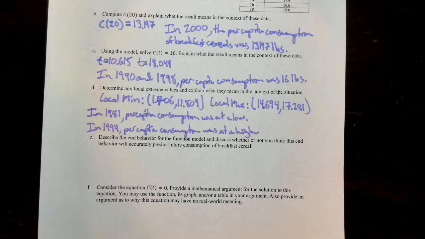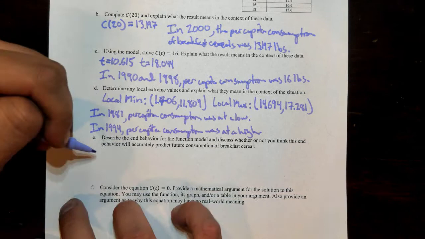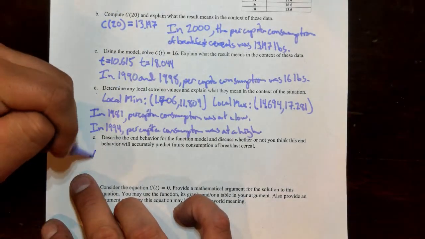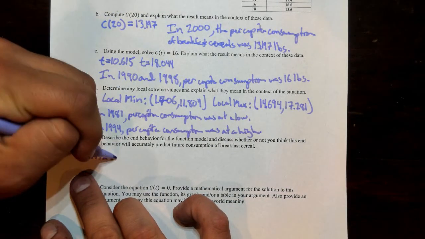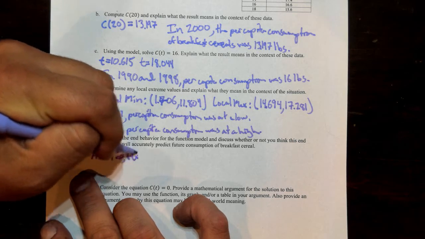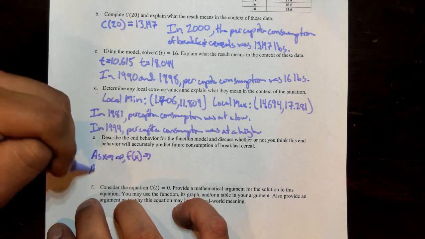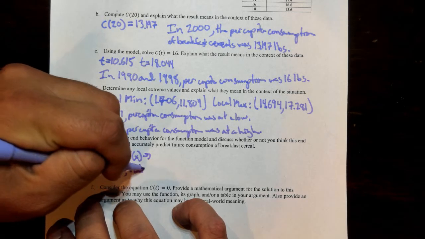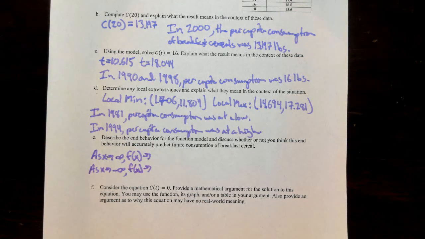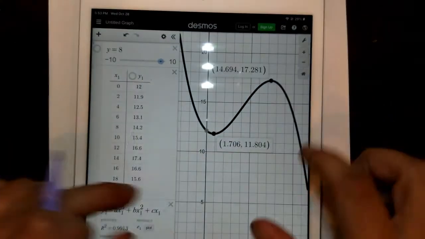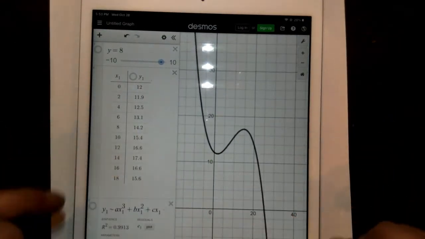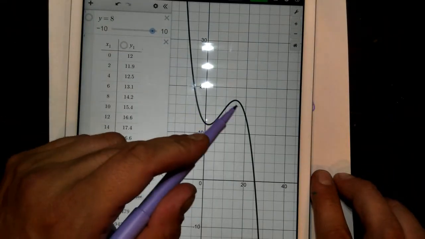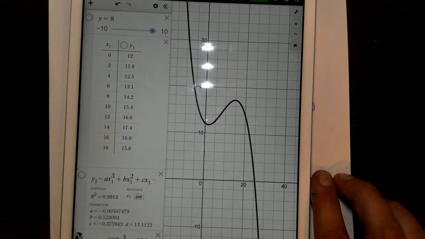So let's go over this. Let's write our little statements again. So as x approaches infinity, f of x approaches something, and as x approaches negative infinity, f of x approaches something. So as we can see, if I were to zoom out a little bit, maybe it would be better. As x approaches infinity, as we go to the right, f of x is approaching negative infinity.